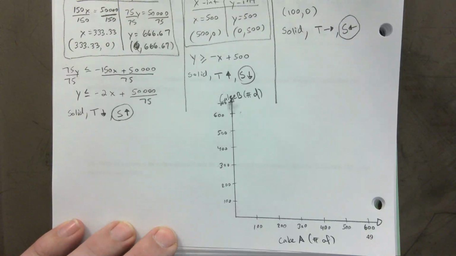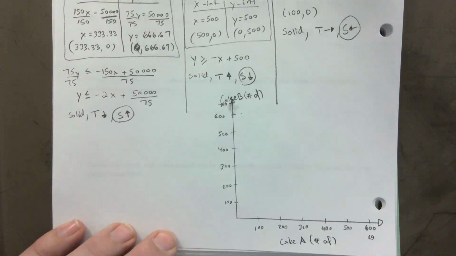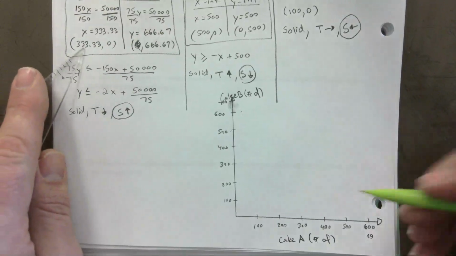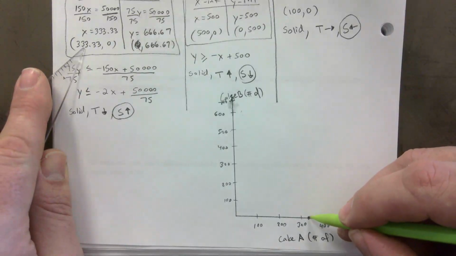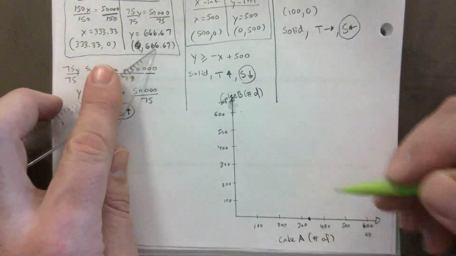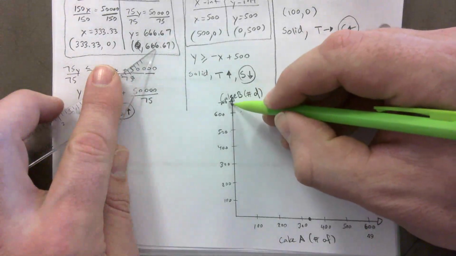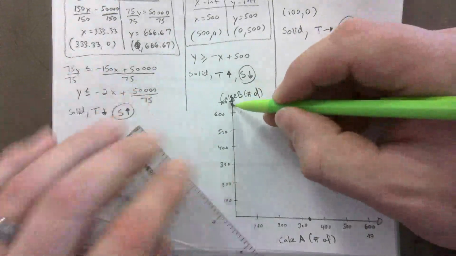Okay, I've got my scale, I've got labels on the axes, let's go, right? 333 is right about there. 666 is right about there. I'm going to graph that.